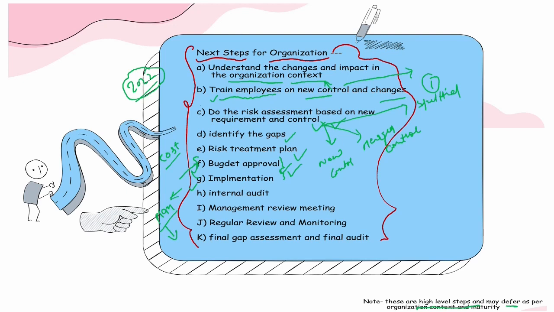Once you have some implementation in place, you can do an internal audit to see how things are going as per the processes or policies laid down by you. Then you can see the gaps, or non-conformities, whatever you call them, and you can have a corrective action plan for those gaps.